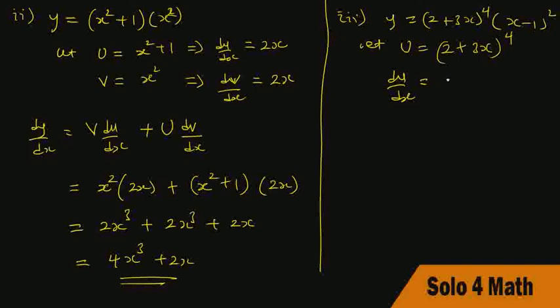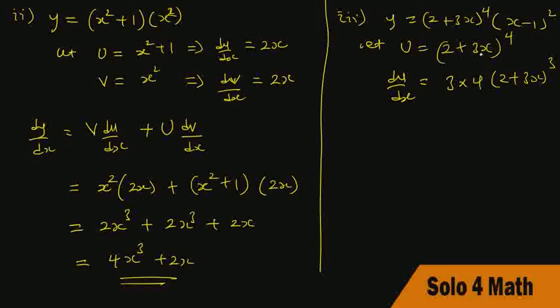So this will be 3 times 4 into (2 plus 3x) to the power 3. How can we use the chain rule easily without substituting the formula, because you'll need this over time. What you do, differentiate what is in the bracket. What is in the bracket is 2 plus 3x.